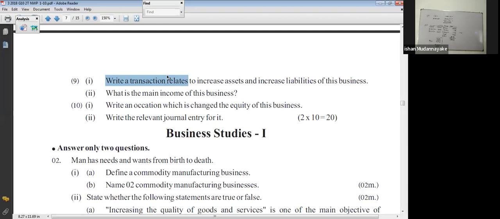Obtaining a bank loan of rupees 200,000. Yes, obtaining a bank loan of 200,000.